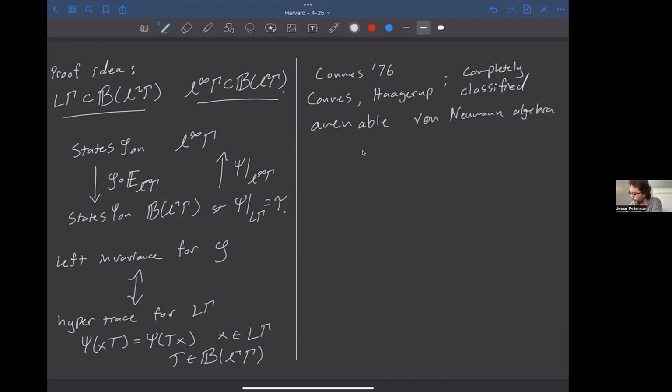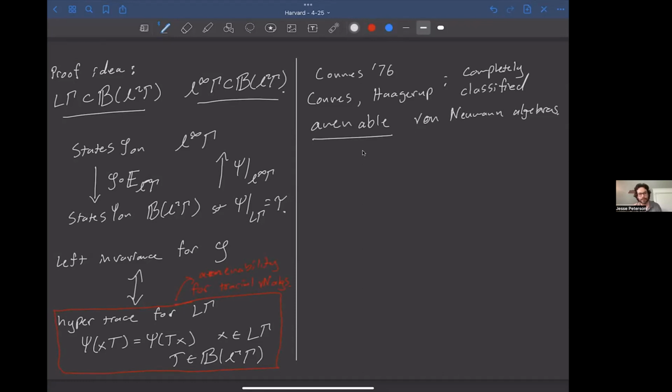And I'm going to be a bit vague here. One thing, I haven't actually defined amenable von Neumann algebras, but if you're in the tracial setting, you can take as a definition the existence of a hypertrace. So you can take this as a definition of amenability for tracial von Neumann algebras. For the non-tracial case, you have to generalize this, and there's a notion of injective von Neumann algebras.